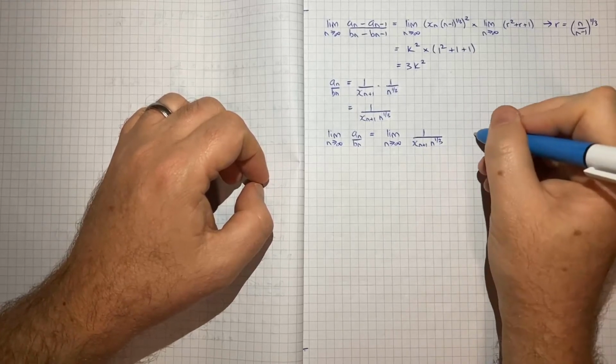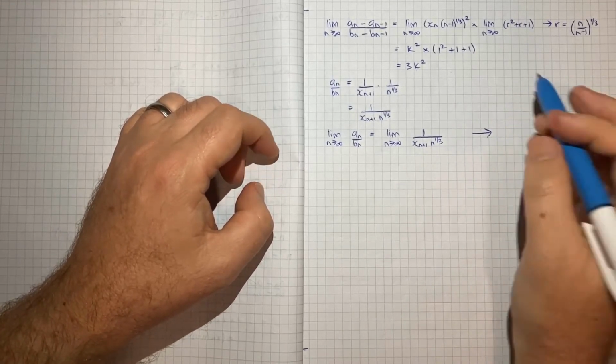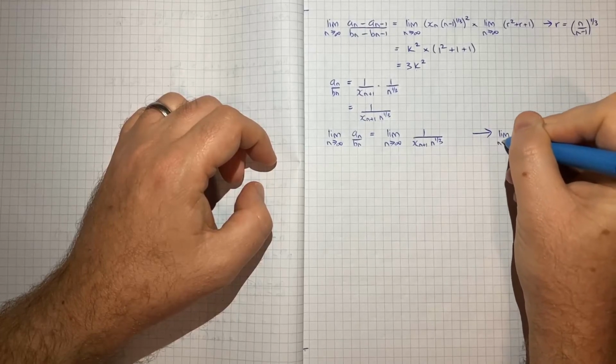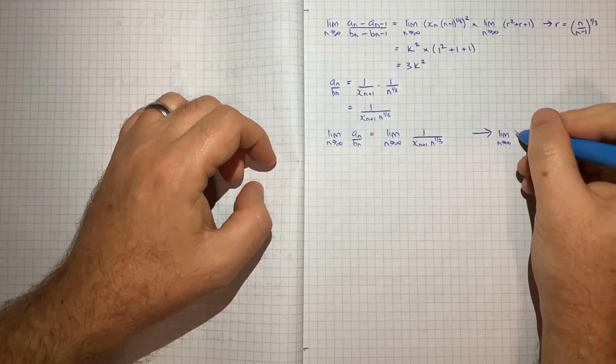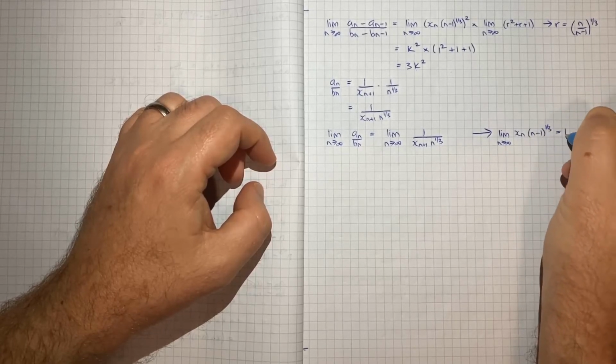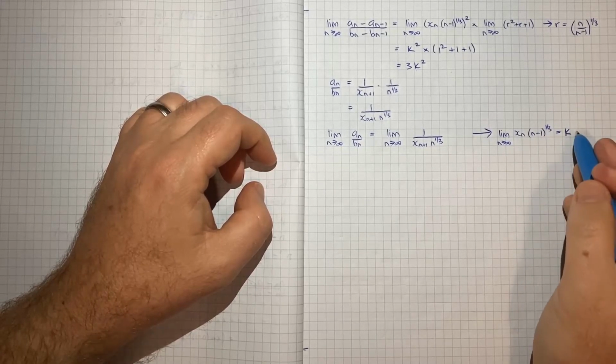Now remember, going back to our definition of k, that the limit as n goes to infinity of xn n minus 1 to the third is equal to k. We've assumed that it's equal to k.